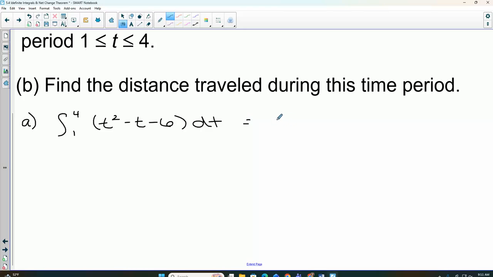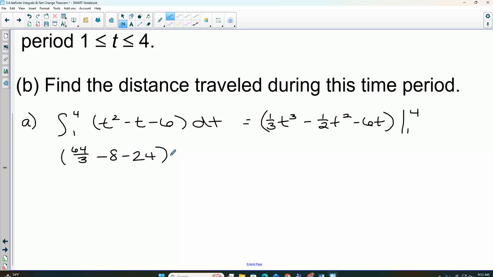So the antiderivative of t squared would be 1/3 t cubed, minus the antiderivative of t, which is 1/2 t squared, minus 6t. If you plug in 4, 4 to the third is 64 over 3, minus 16 times 1/2 would be 8.